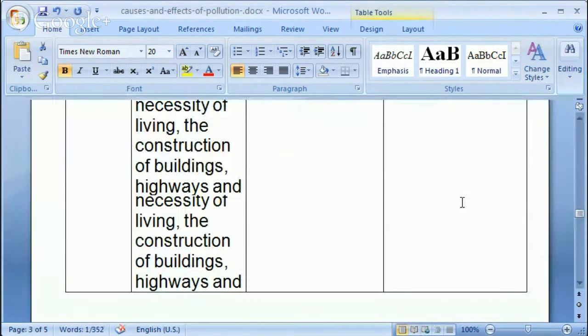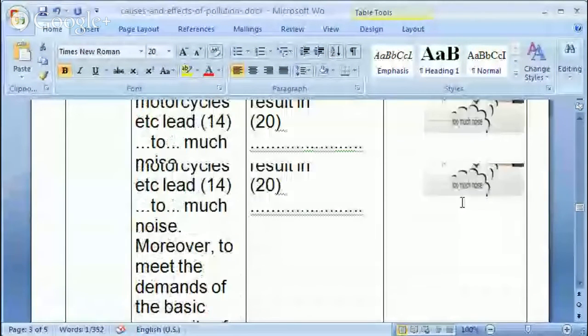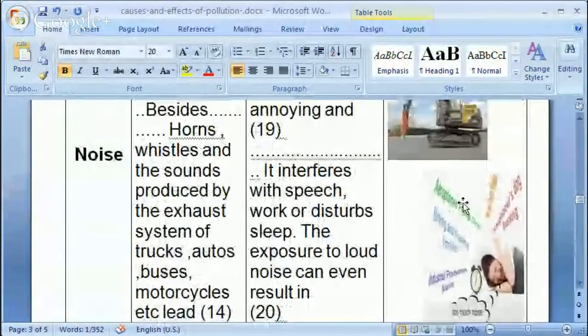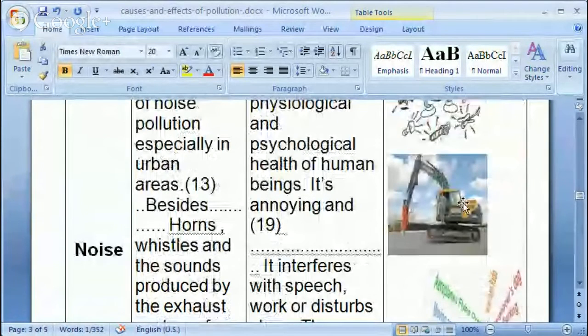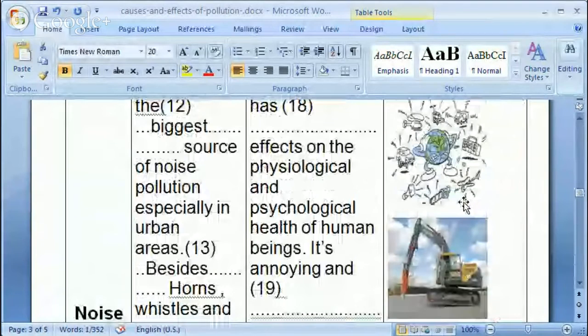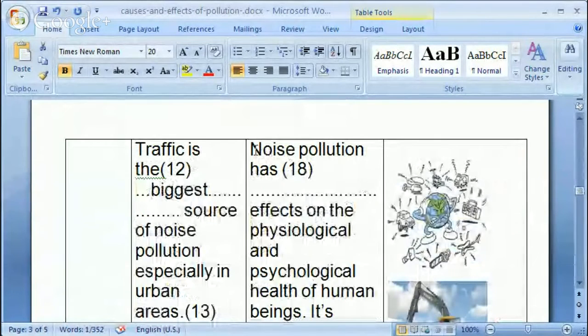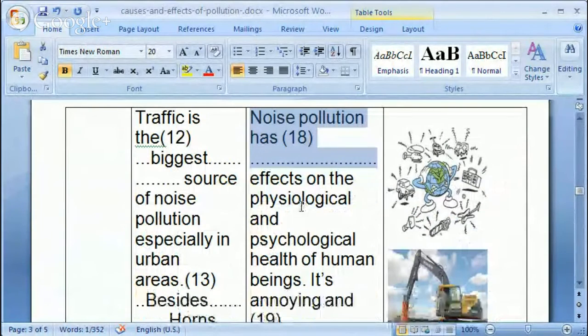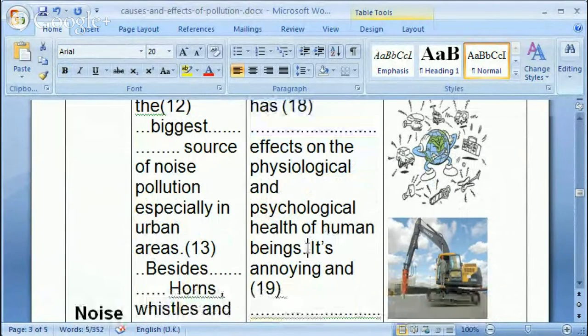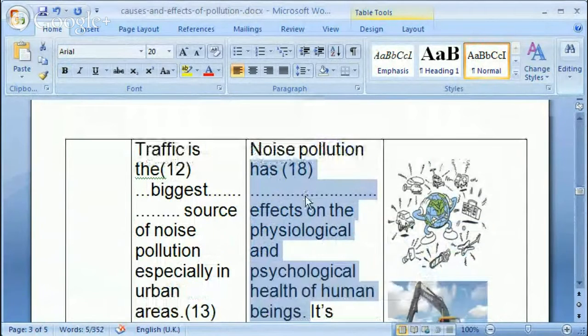All right, so let's take a look at effects. See what we got left here. Noise pollution has something effects on the psychological, physiological, and psychological health of human beings. So clearly we're talking about effects on health.